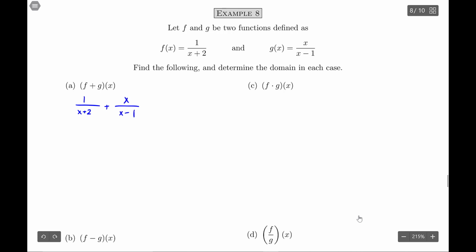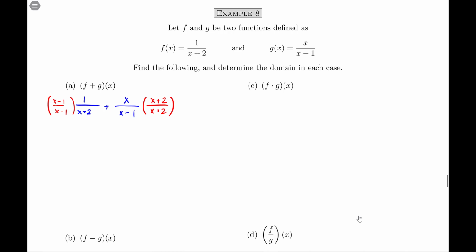That's g of x. And when we simplify this, we need to look at when we're adding these two fractions together, or these two rational expressions. We multiply the left-hand side by x minus 1 over x minus 1. We're going to multiply the right-hand side by x plus 2 over x plus 2. This way we can get a common denominator between these two.